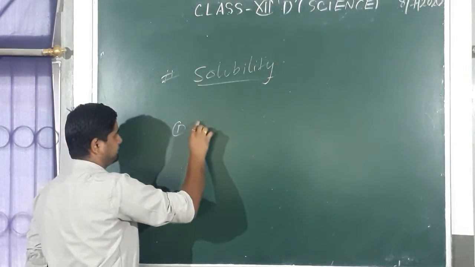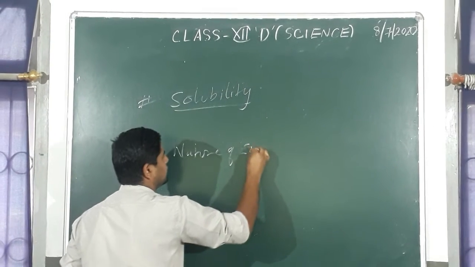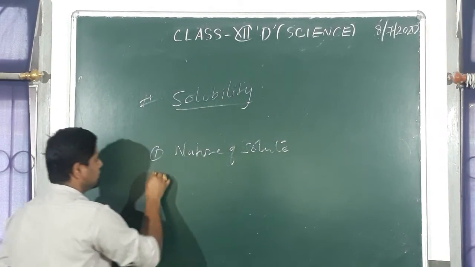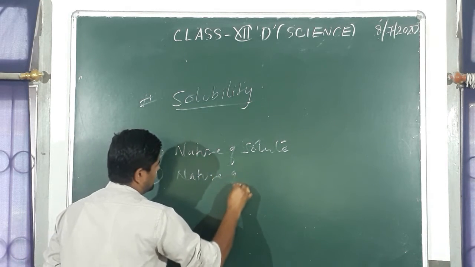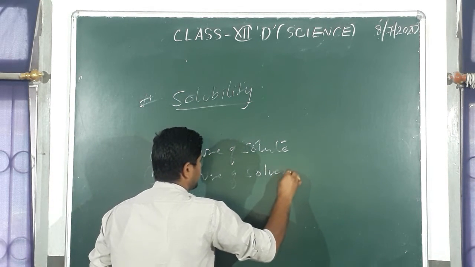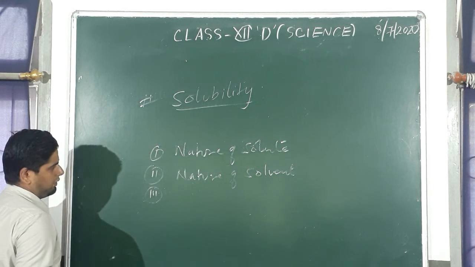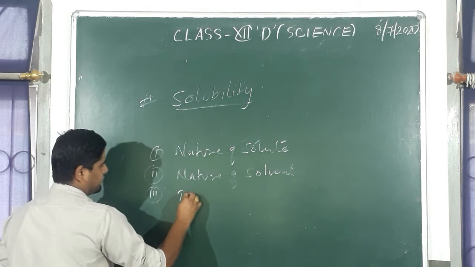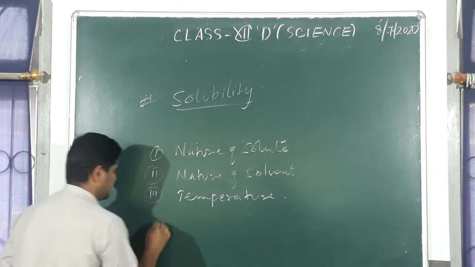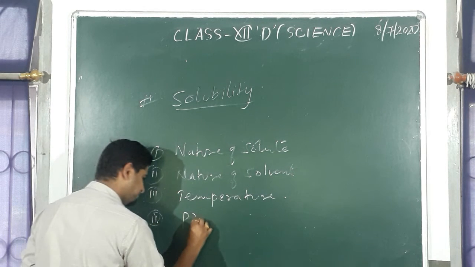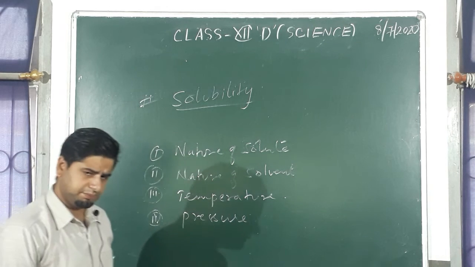Number 1, nature of solute. Number 2, nature of solvent. Number 3, temperature. Number 4, pressure, and various other terms.